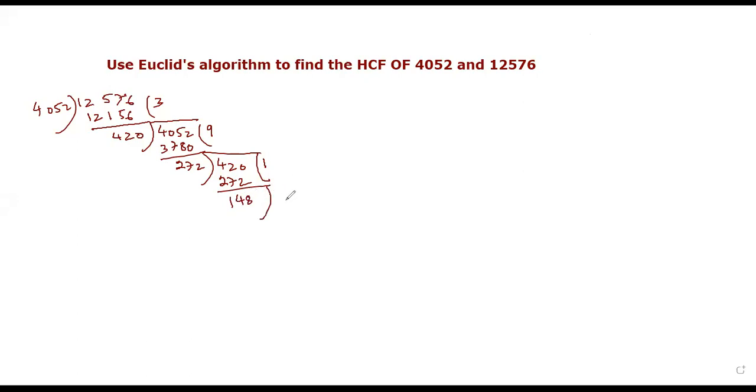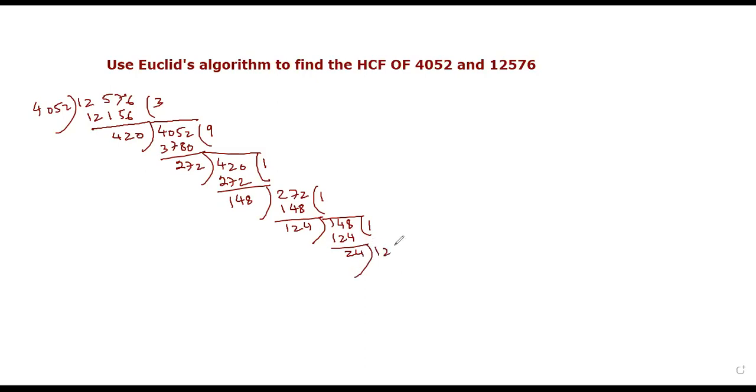Now you have to divide 272 by 148. So 148 ones are 148. 2 times it will be more. So 272 minus 148, 124 left. Now you will write 148 divided by 124. So it will go 1 time. So 148 minus 124, 24 is left.